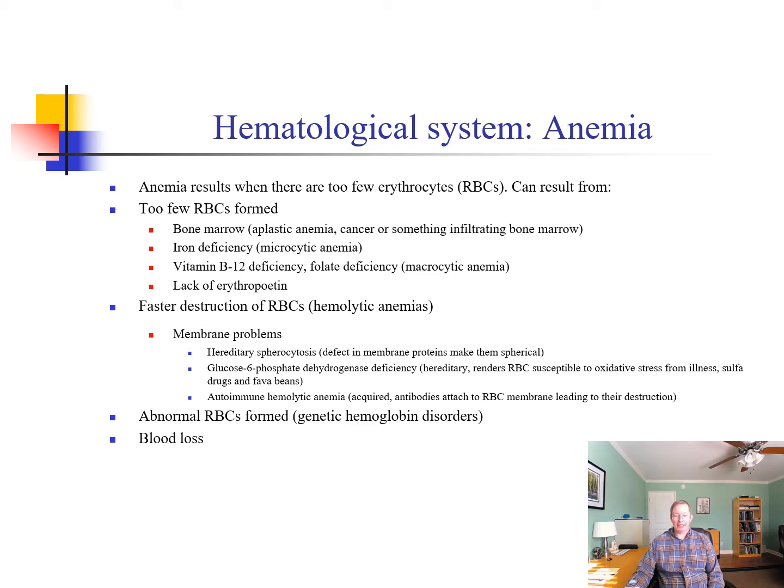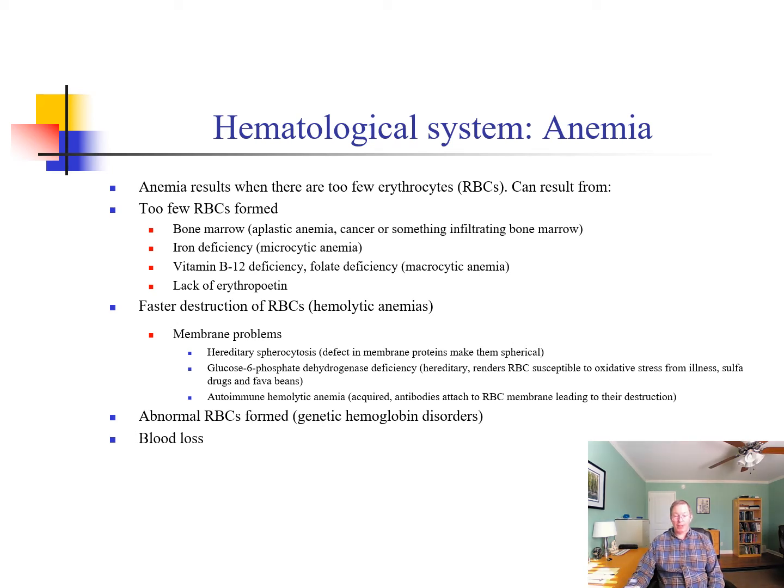Those are hemolytic anemias. And the main class of that is when I have problems with the membrane. So I have that biconcave disc shape. If that biconcave disc shape is not present, then I will destroy them in the spleen. Or if I have things that cause the faster destruction of the red blood cells in the spleen, I will have a hemolytic anemia.